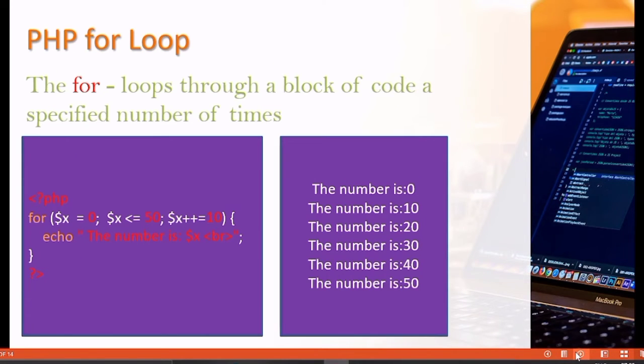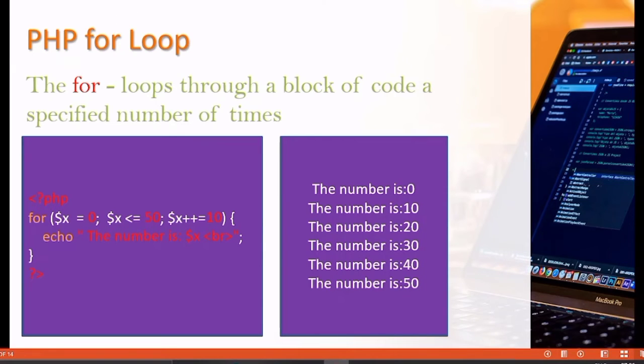Next is the for loop. It loops through a block of code a specified number of times. The for loop is used when you know in advance how many times the script should run. Here is the code to be executed for each iteration.